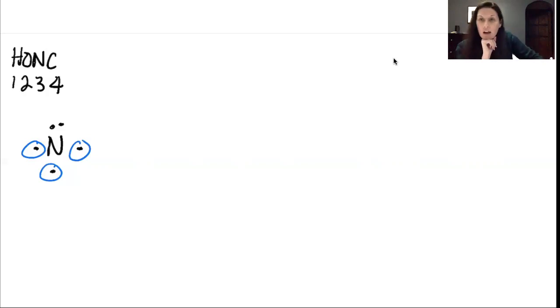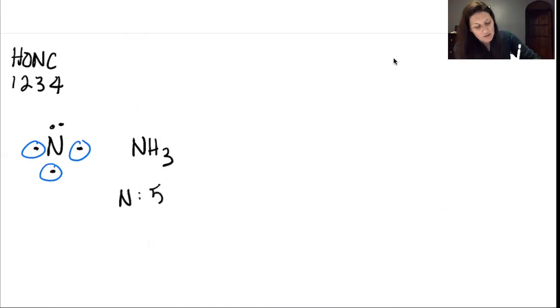All right, so a common molecule that you'll see again and again is ammonia, and that is NH3. All right, so let's go ahead and draw that Lewis structure. Again, this is another one that you'll hopefully have memorized. So nitrogen has 5 valence electrons. We have 3 hydrogens. They each contribute 1, so 3 times 1 gives me 3.